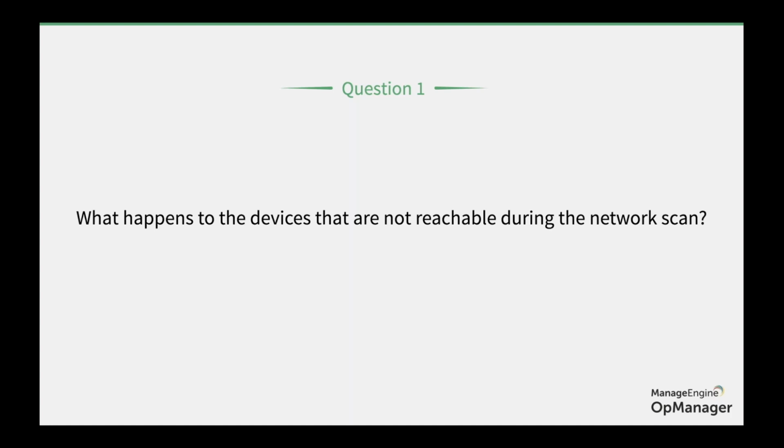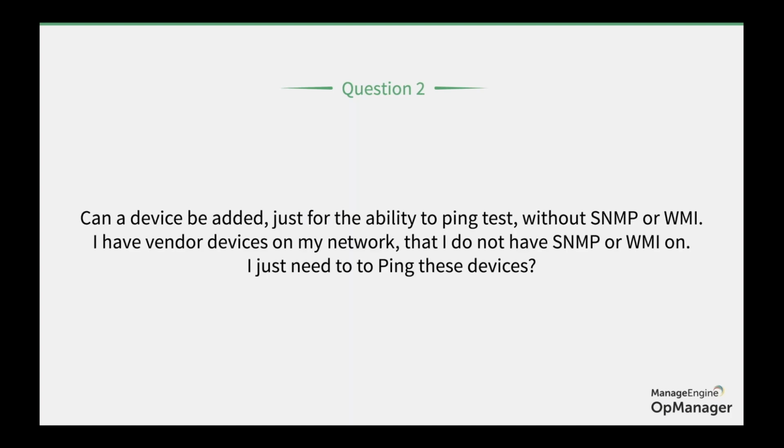So moving on to the next question, can a device be added just for the ability to ping test without SNMP or WMI? I have vendor devices on my network that I do not have SNMP or WMI on. I just need to ping these devices. Yes, we do give multiple free tools in OpManager, one of which is the ping tool.